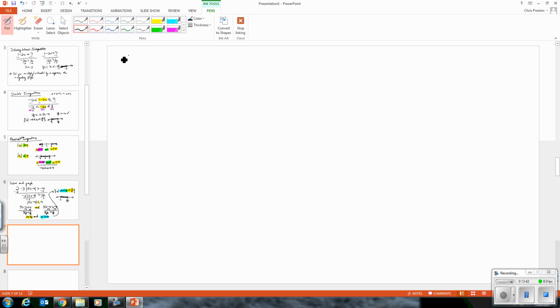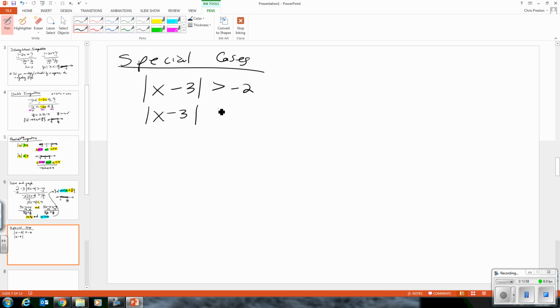All right, last thing I want to mention is a few special cases. Let's say I'm going to keep this kind of simple. The absolute value of x minus 3 is greater than negative 2. Absolute value of x minus 3 is less than negative 2.